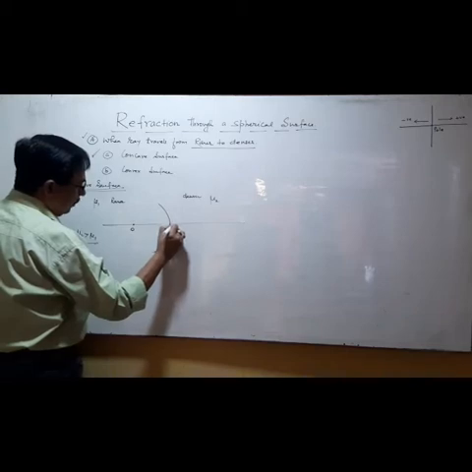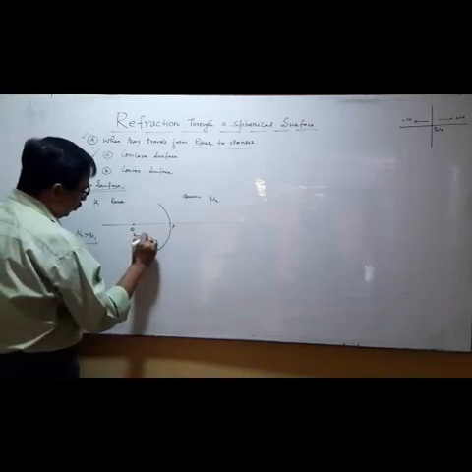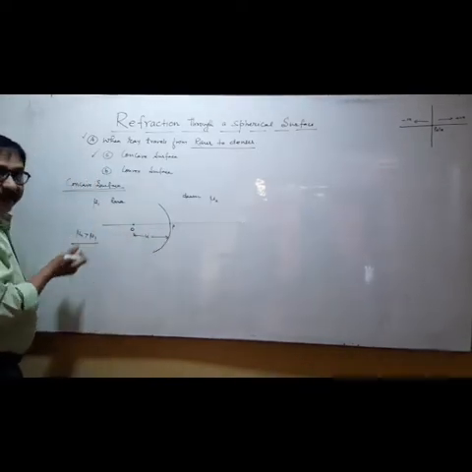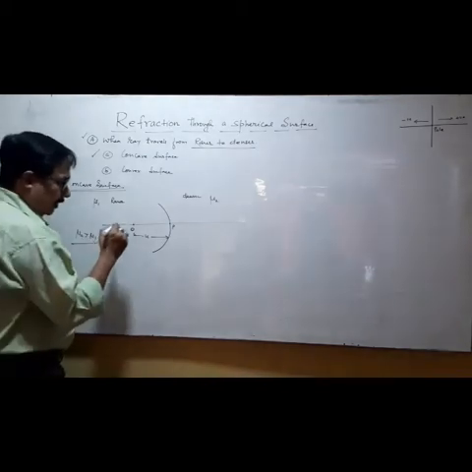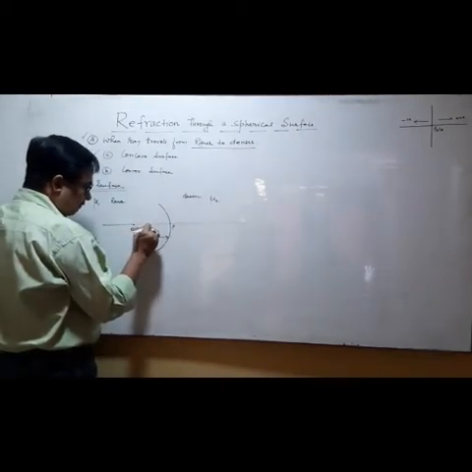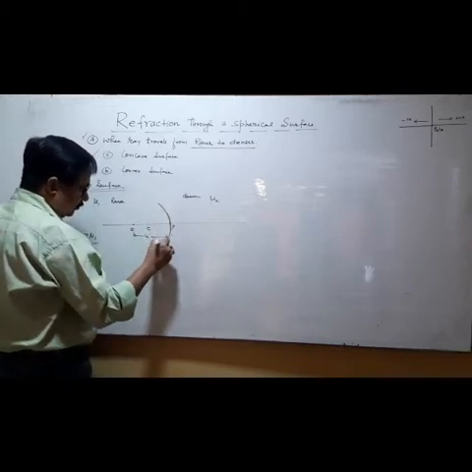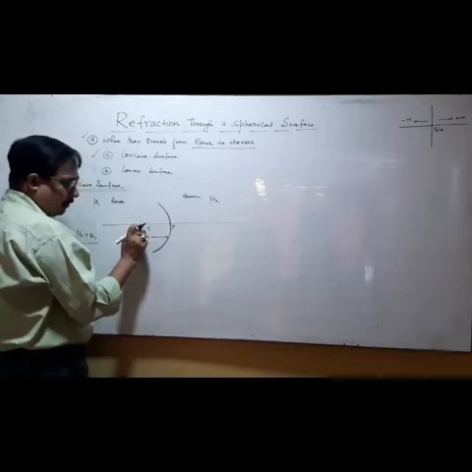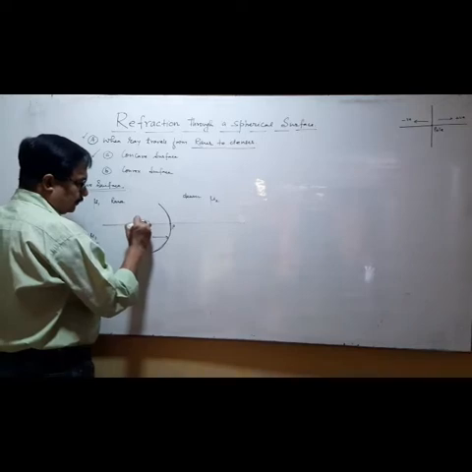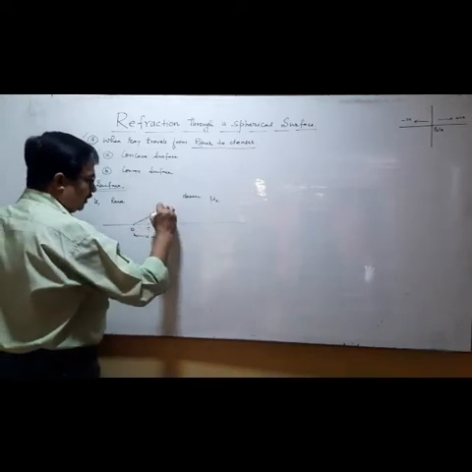This is our pole. So pole to object is called object distance, and is measured as negative. Now, this is center of curvature. Because we have a curved surface, the curved surface must have a center. If a ray of light starts from O, so this should go like this.